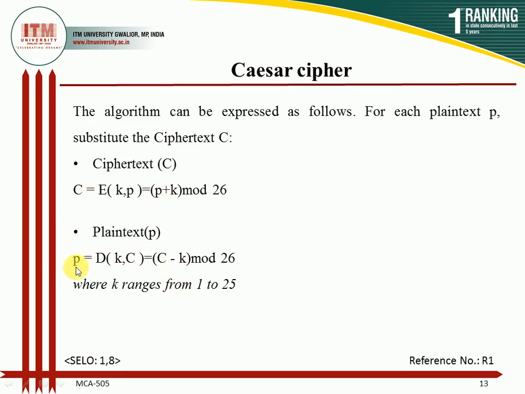So P equals D, where D represents decrypting the message, and this decryption includes the key and C. Here I am converting the cipher text to plain text, so I use k comma C, and D(k, C) is also written as (C minus k) mod 26, and the value of k ranges from 1 to 25. Right, so this is the formula.